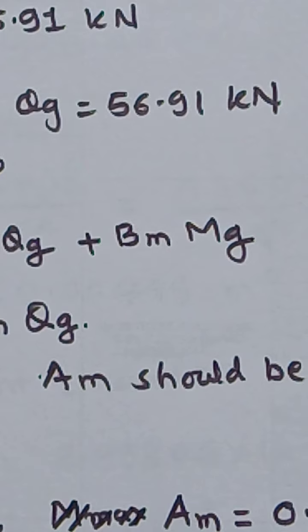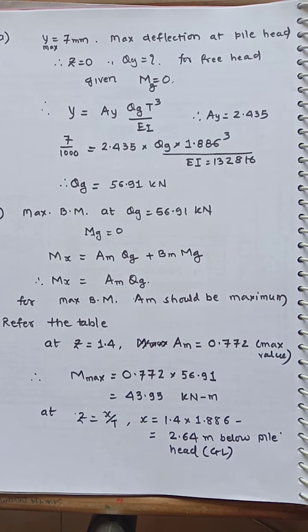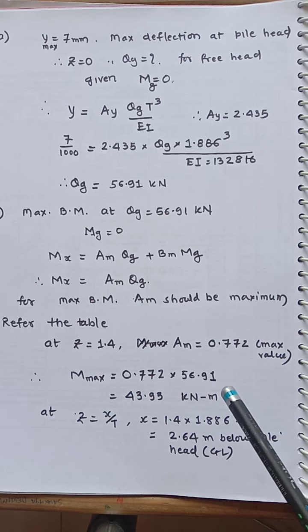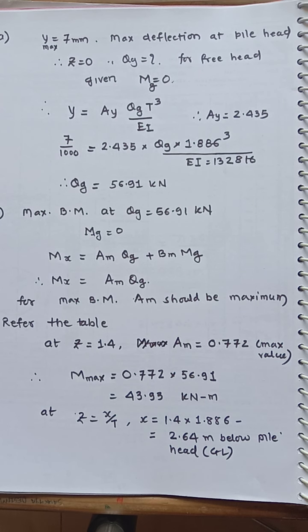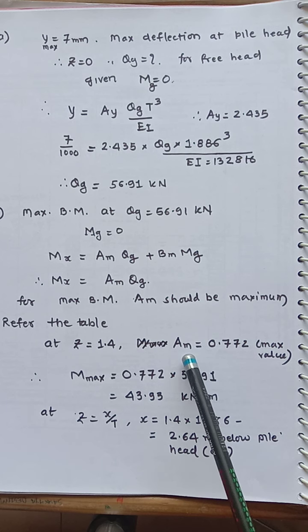The value we got is 0.772, and the Z value at that time, just confirm from this, is 1.4, not 1.2. So this Z value is 1.4, at which Am is maximum, 0.772.